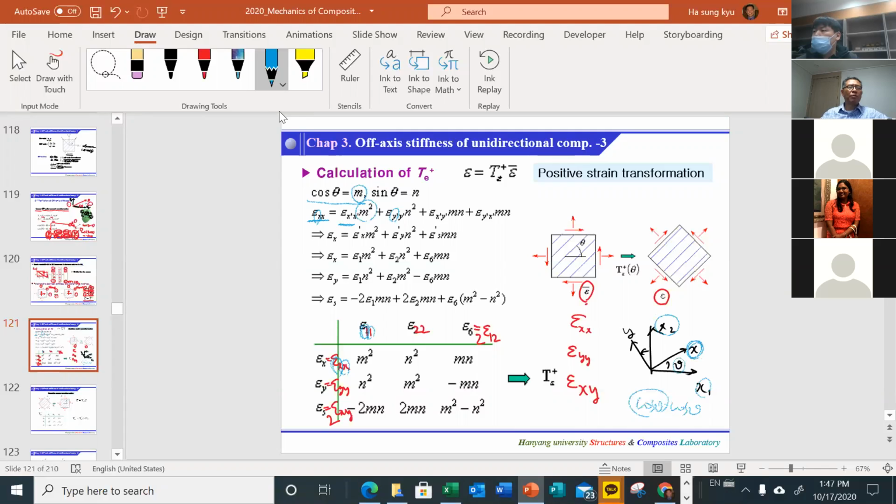This is the y prime or x2. So this will be the cosine theta of this. This will be 90 minus theta, so we have a sine theta. And also the second index x and y prime, same one. So we have a sine theta, so n square.